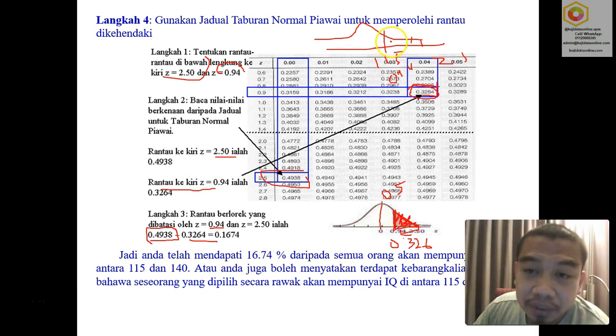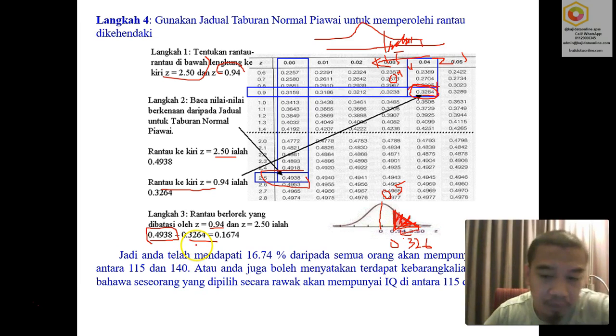So how do you want to estimate something on this basis? You got here 0.94 is equal to 0.3, and you got here 2.5 is equal to 0.4. So 0.4 minus 0.3, we got 1.675. If you feel not comfortable with this, you can just imagine if you add 0.4 with 0.3, you got what? 0.7.